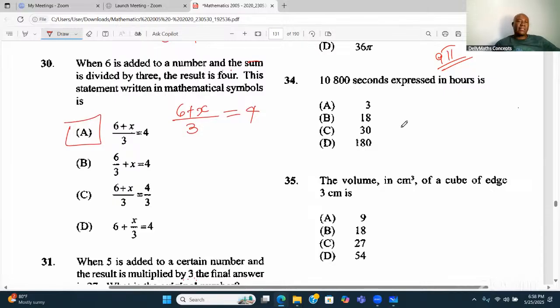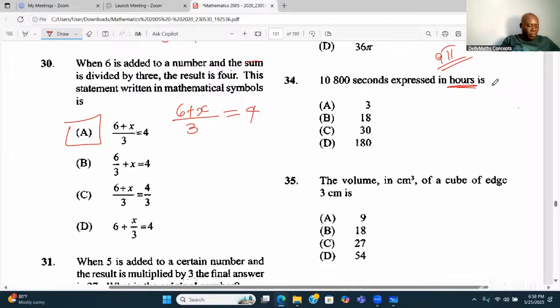All right, let's take a look at this. We have 10,800 seconds. We want to express this in hours. Can anybody just work that out quickly for me? We're at number 34. Let's go. Come on, people. We're at number 34.